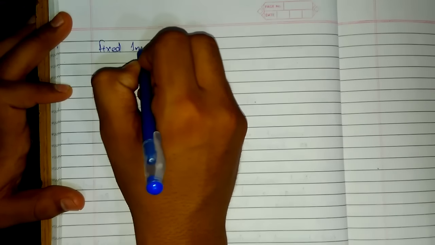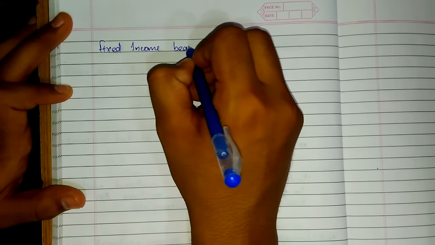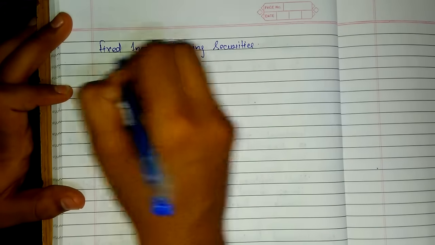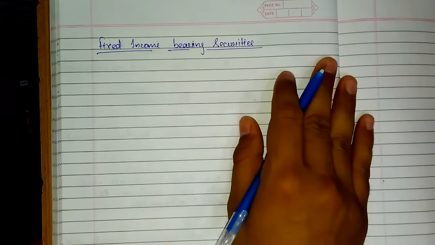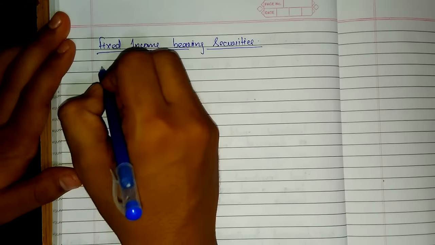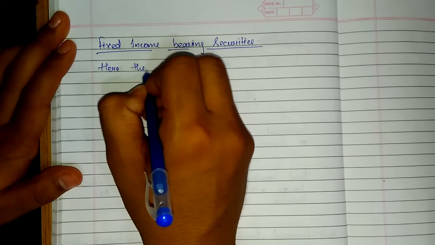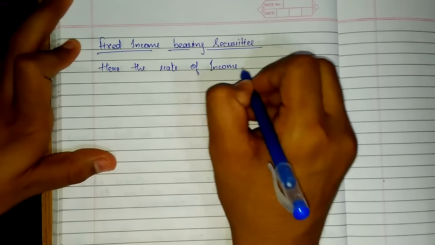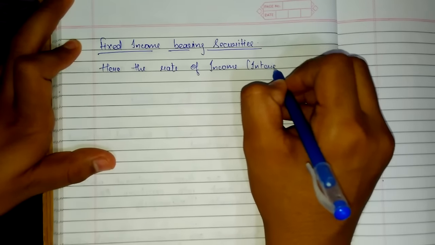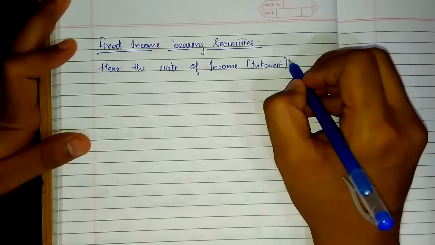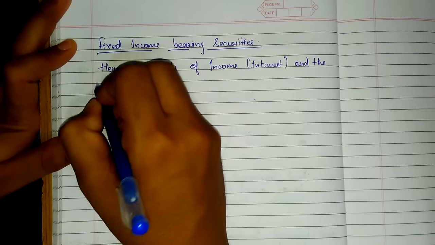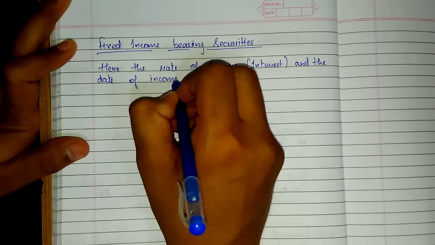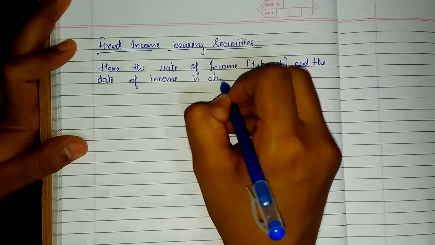Fixed income bearing securities. Here the rate of income, I write in bracket, interest, and the date of income is always fixed.